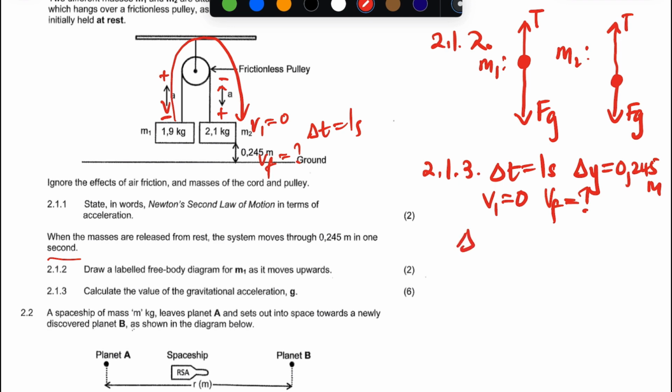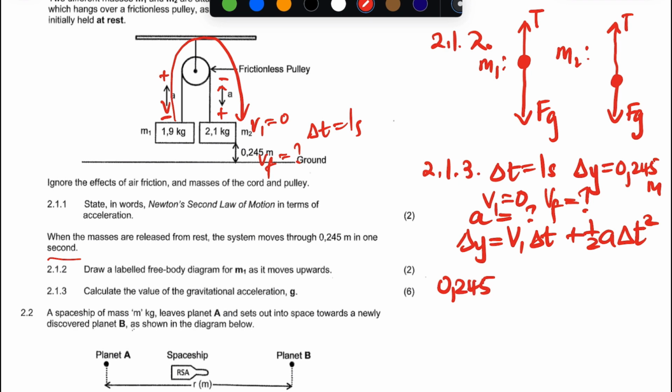We're going to use the formula that says change in y is equal to v initial times change in t plus half a times change in t squared. We want the acceleration here, not the gravitational acceleration. So our displacement is 0.245. Initial velocity is 0, which means this whole term will be 0.